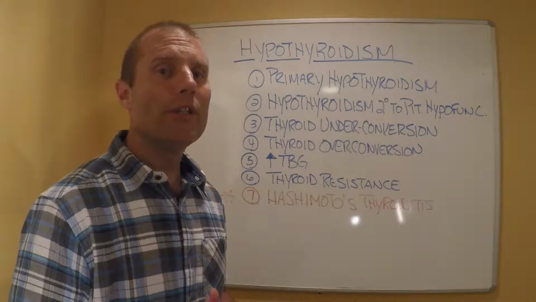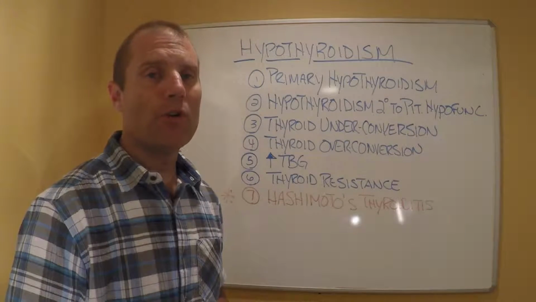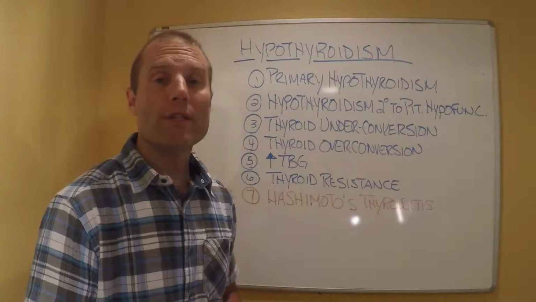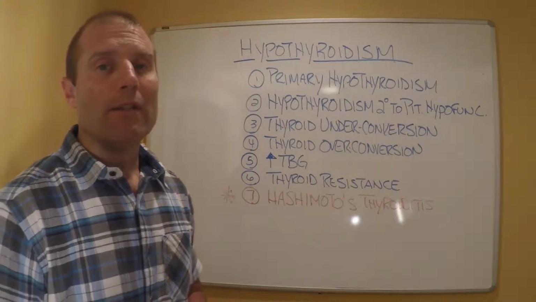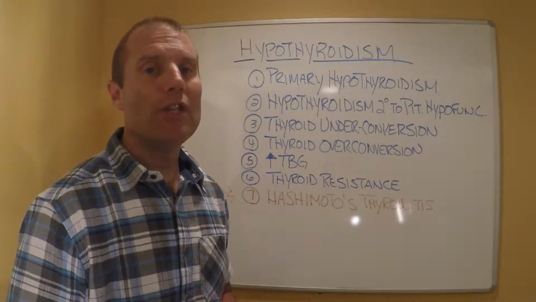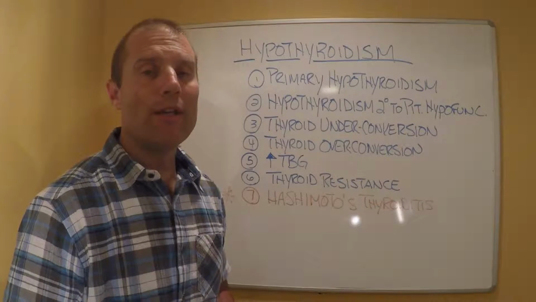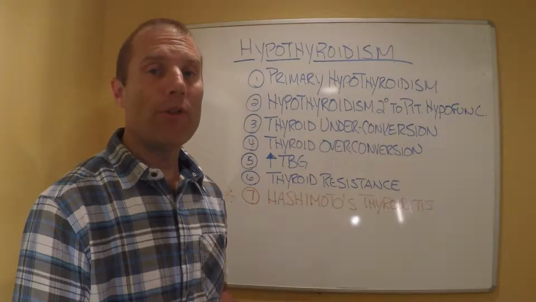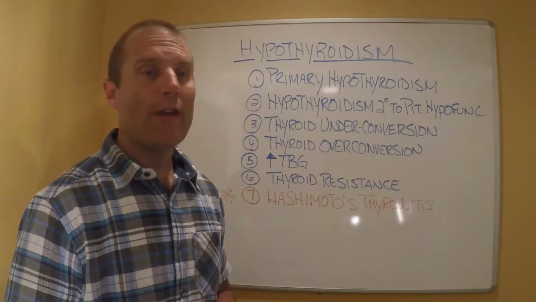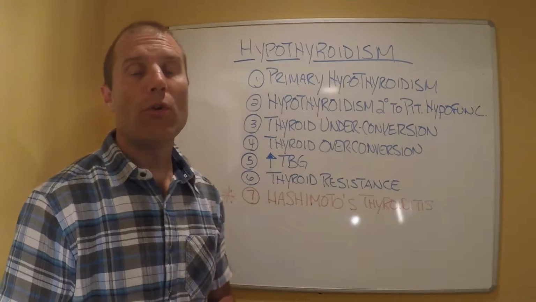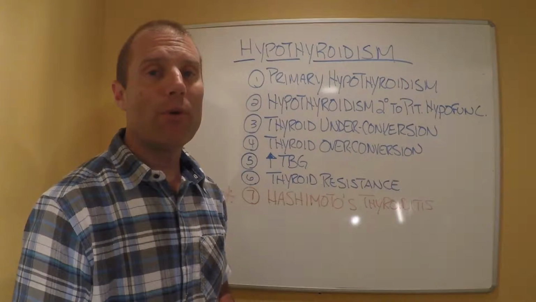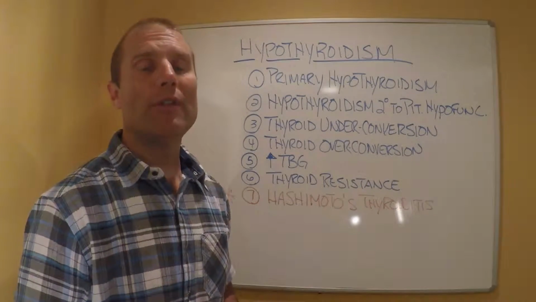So the real issue for people who have hypothyroidism caused by Hashimoto's is to address the immune system. And the vast majority, 70 to 80% of the immune system, lies just underneath the GI tract. So it's really important that you identify whether your condition is caused by Hashimoto's thyroiditis, or you have one of these other patterns along with it, but you really need to identify if the problem is that you have an autoimmune attack.